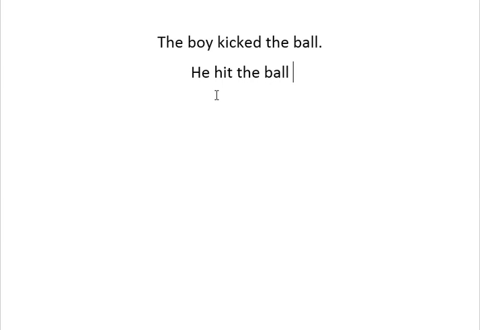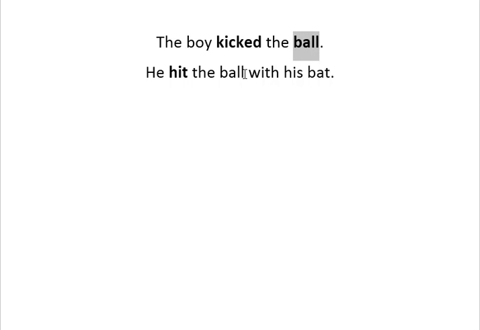Let us go back to those sentences that we learned earlier. The boy kicked the ball and he hit the ball with his bat. So in both the sentences, kicked and hit are the verbs, and in the first sentence ball is the object, which is the direct object.